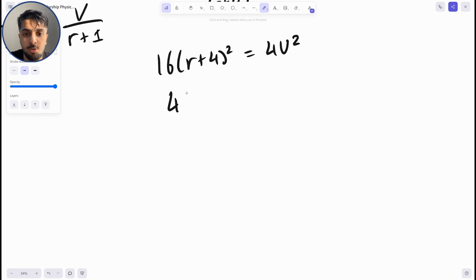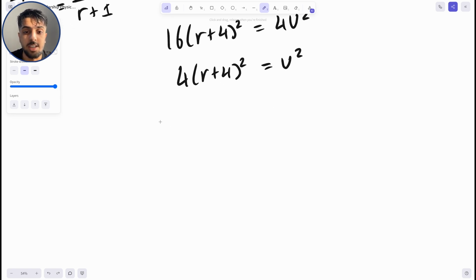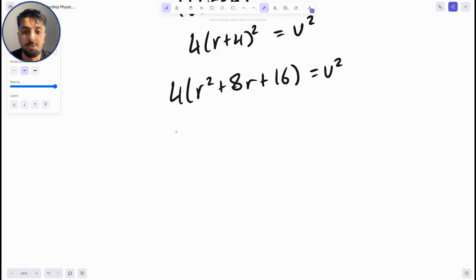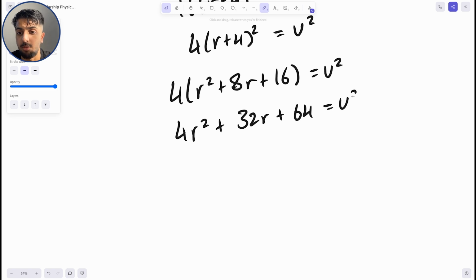And so 4 times R plus 4 squared is equal to V squared. Expanding this out, we get 4 times R squared plus 8R plus 16 is equal to V squared. And therefore, expanding that further, we get 4R squared plus 32R plus 64 is equal to V squared.